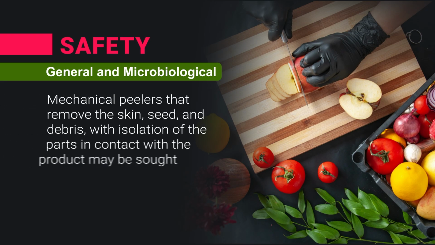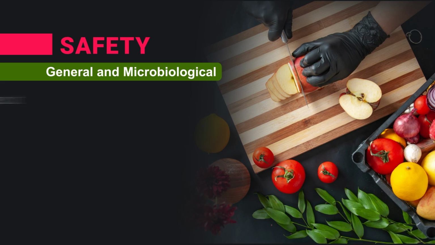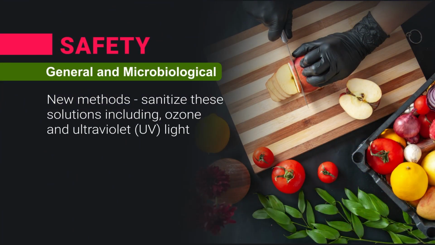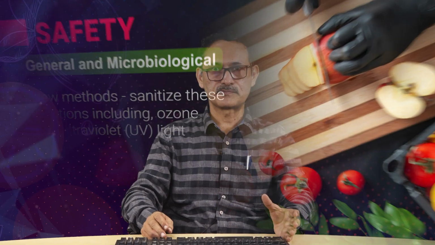If there is a mechanical peeler, how frequently are we cleaning it, and we are not allowing cross contamination. For example, when we are washing, what is the change cycle for the water which is being used, whether it has a disinfectant or not. And there could be newer approaches, like we can sanitize those solutions with ozone, ultraviolet. So there is a possibility to apply some novel processing techniques.